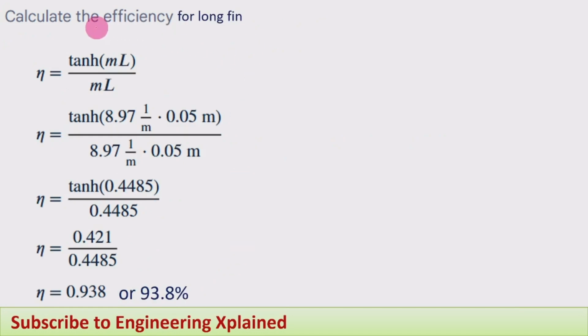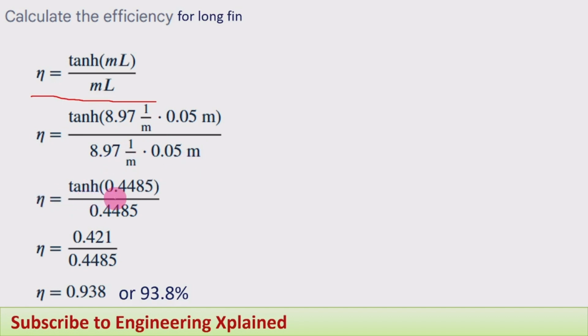Next part is calculating the efficiency for the pin. The efficiency of the end insulated pin or convection from the pin tip is given as tanh(mL) by mL. Eta is equal to tanh of 8.97 multiplied with 0.05, divided by 8.97 into 0.05 in the denominator.